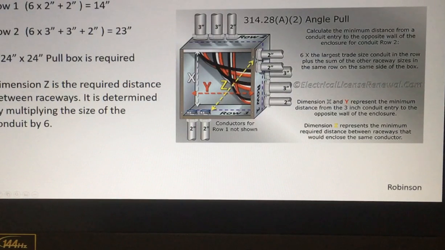So dimension Z would have to be at least 12 inches long if I was pulling from this conduit to this conduit. If I went from this conduit to this conduit, it probably wouldn't give me my 12 inches.